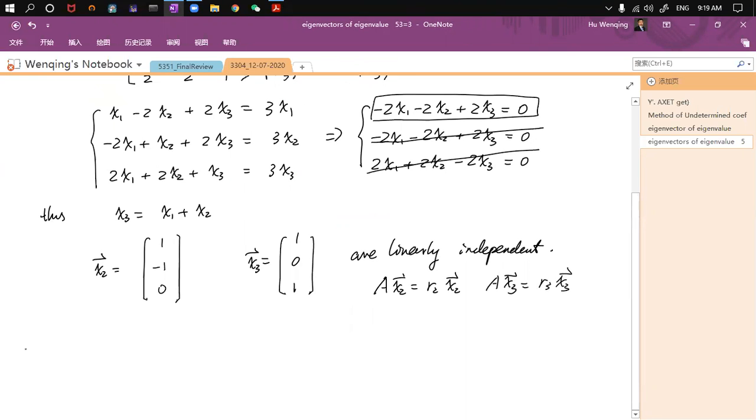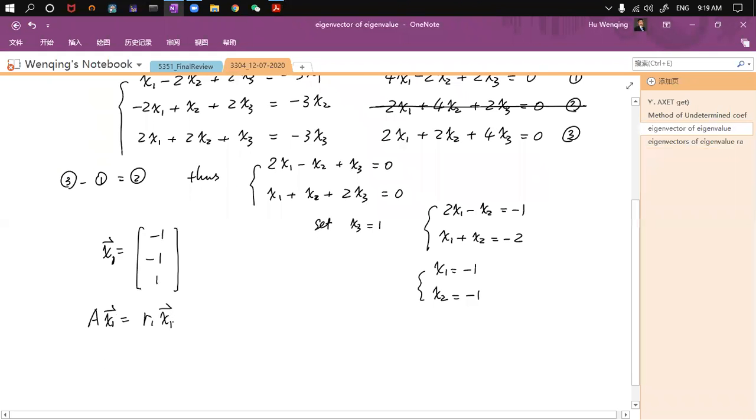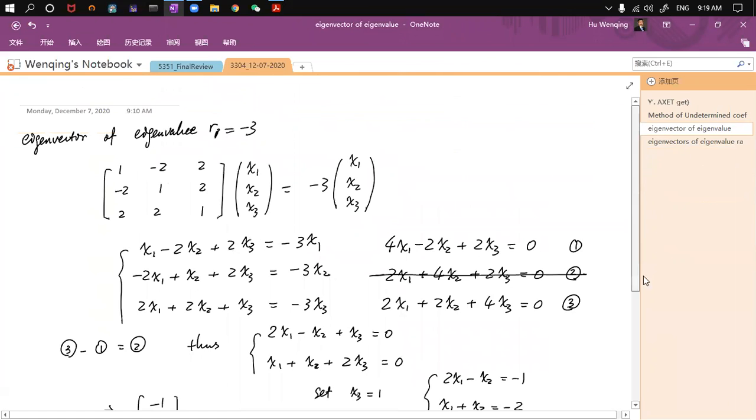So that means the complementary solution is found to be x of t is c1 e to the power of the first eigenvalue. The first eigenvalue, if you remember, was minus 3.